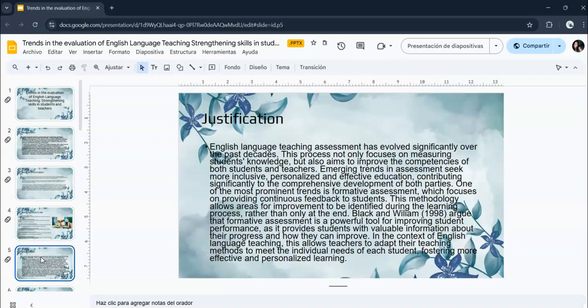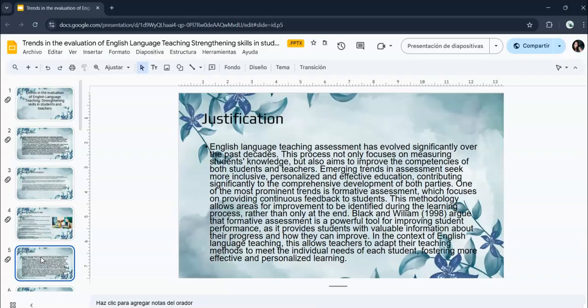Justification. English language teaching assessment has evolved significantly over the past decades. As I mentioned before, this process not only focuses on measuring students' knowledge, but also aims to improve the competencies of both students and teachers. What does this mean?